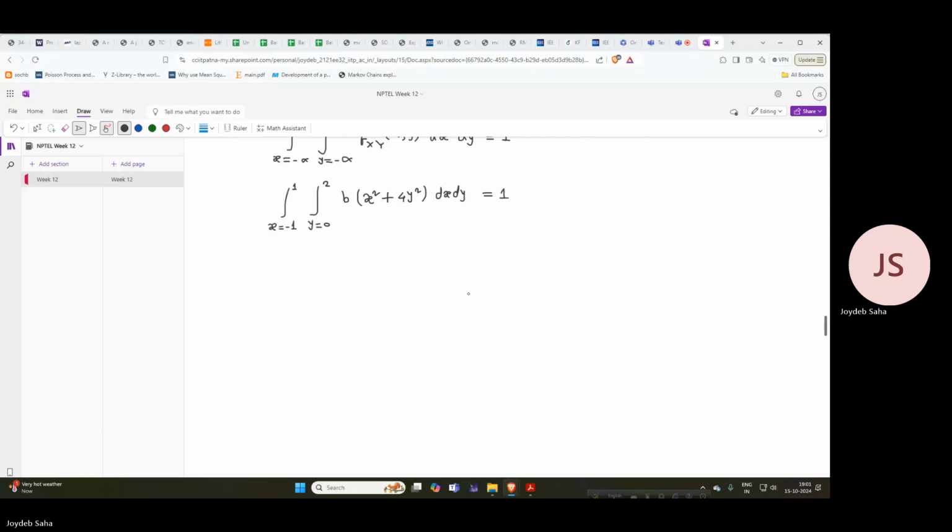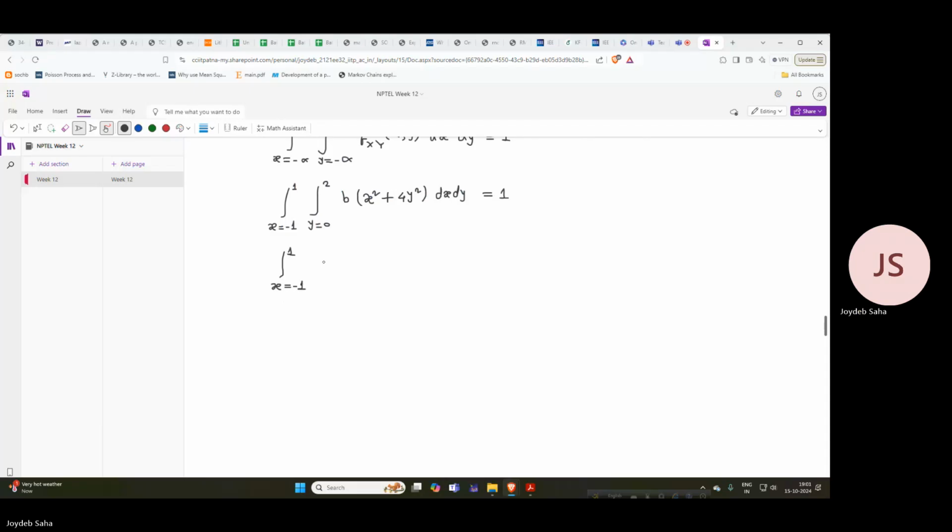Okay. So let us solve. If we make this x is equal to minus 1 to 1, it is what it is, right?